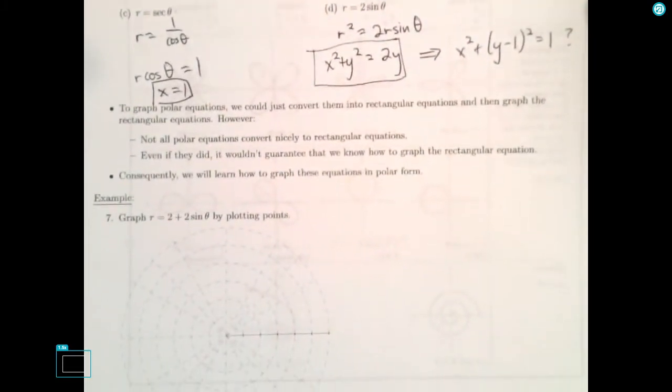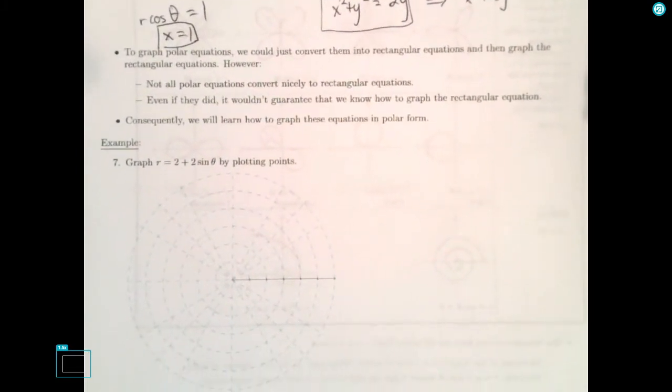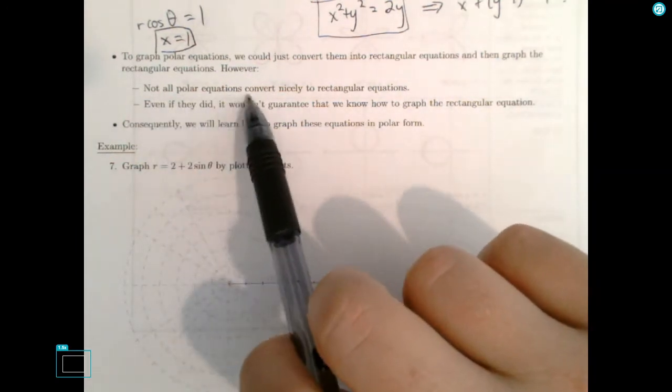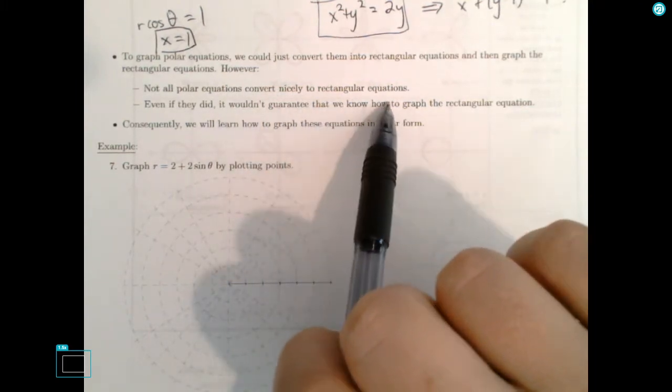Now the next big thing, and this is what we really want to focus on, is graphing polar equations. And of course, if we can convert polar equations to rectangular equations, then why bother graphing polar equations? You could just convert them to rectangular form and graph those. Well, not all polar equations are going to convert nicely to rectangular equations.